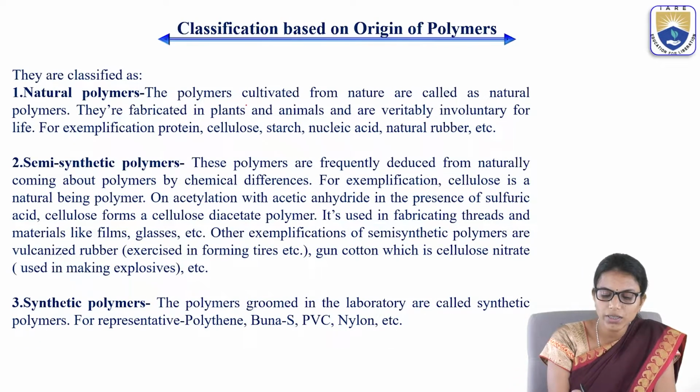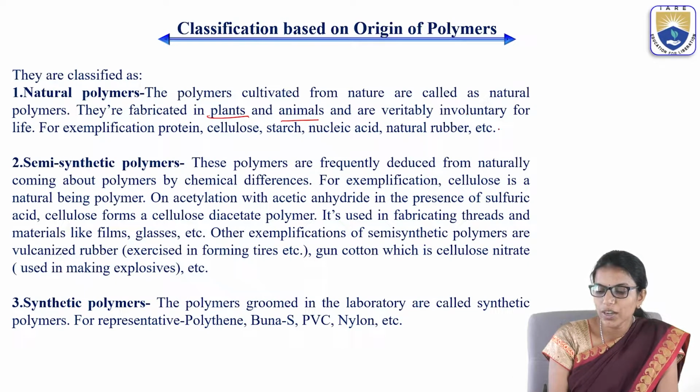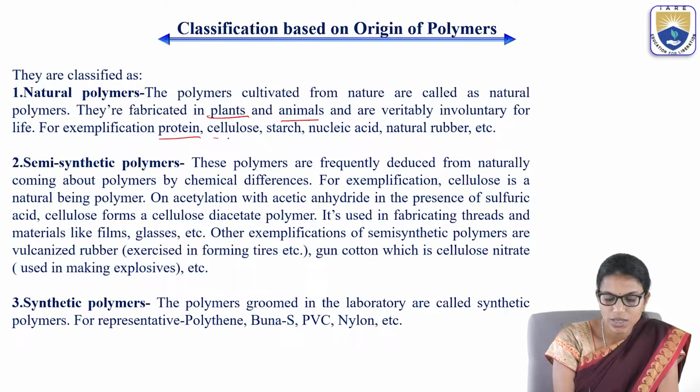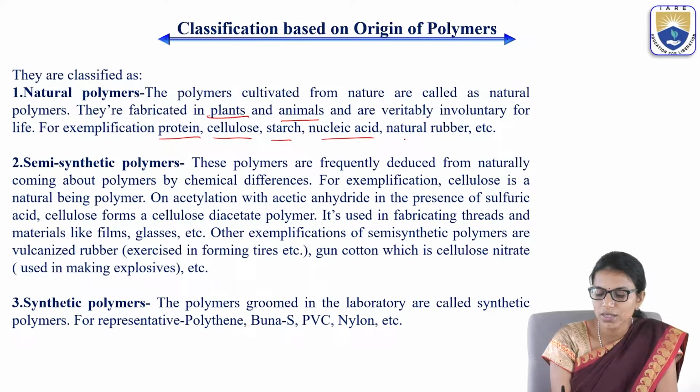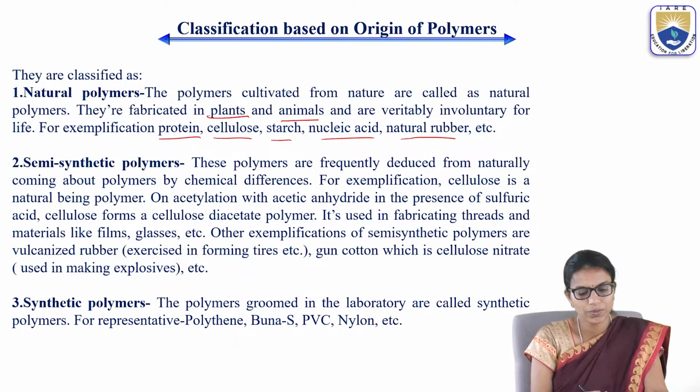They are fabricated in plants and animals and are vital for life. For example, protein, cellulose, starch, nucleic acid, natural rubber, etc. And our body is made up of natural polymers, that is nucleic acid, starch, cellulose, protein, etc.